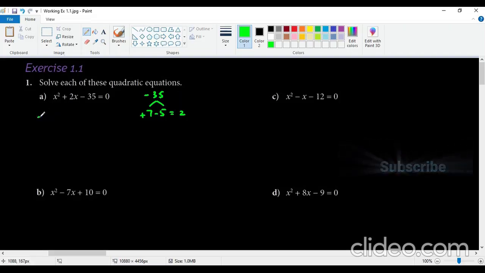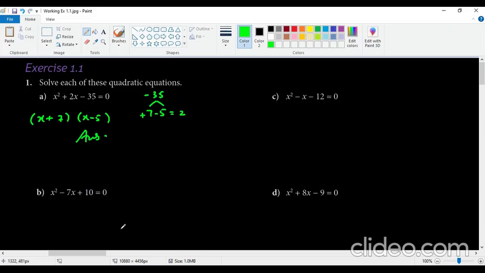So I make two brackets like this, write x in the first part, and x plus 7 comes here and x minus 5 comes here. This is your answer for part A.